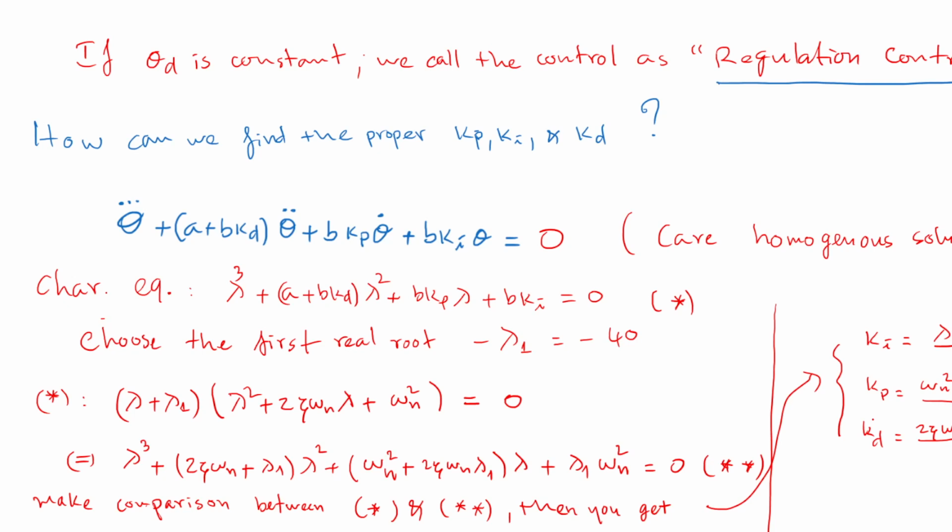For critically damped, zeta equal to 1, and omega n can be any.